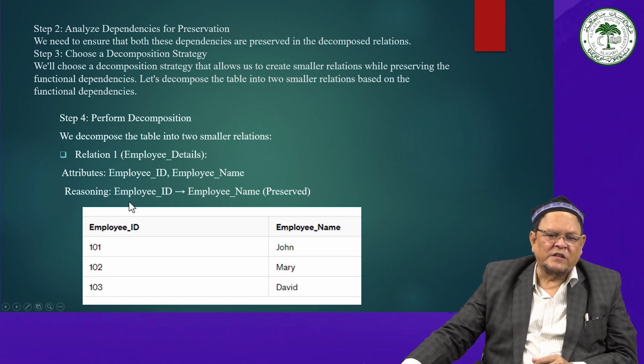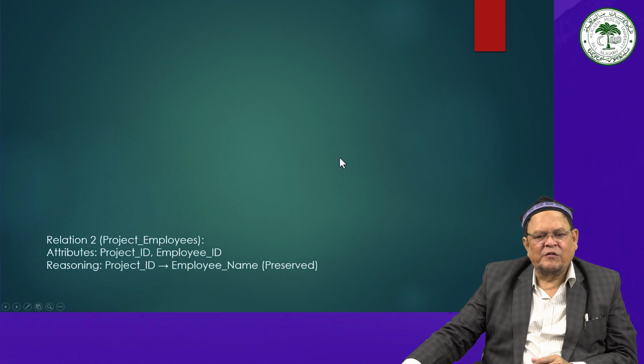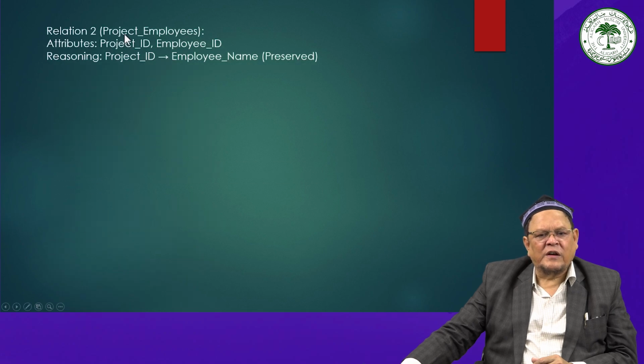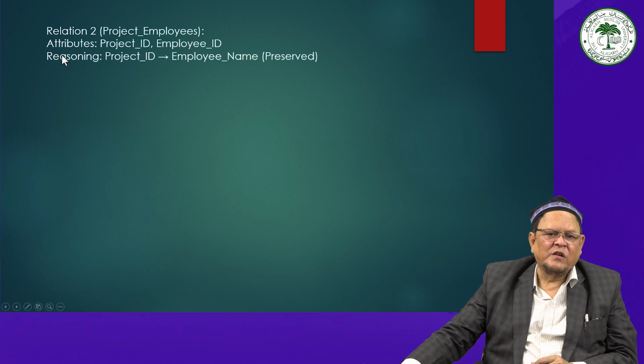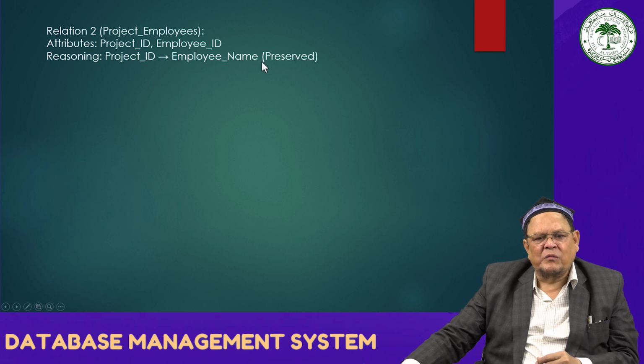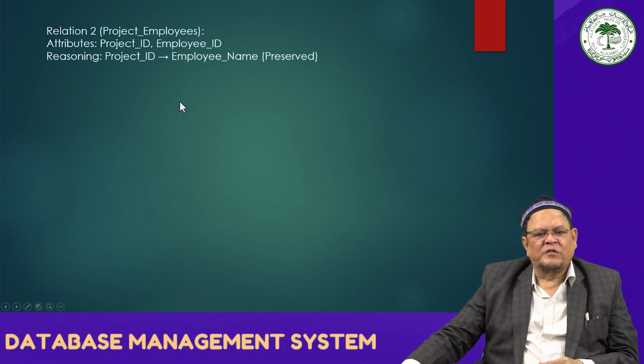EmployeeDetails contains Employee ID and Employee Name: 101 John, 102 Mary, 103 David. In the same way, you have to make one more relation for the project. Its attributes are Project ID and Employee ID. Project ID determines Employee Name is preserved.